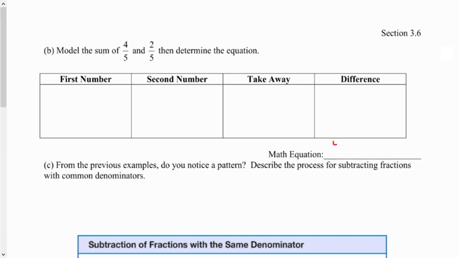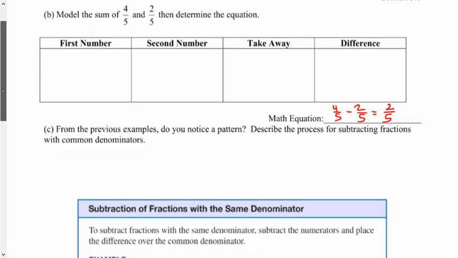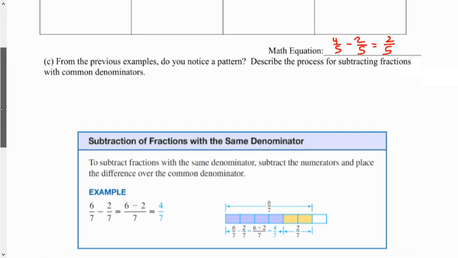But if we have 4/5 and we're going to take away 2/5, then notice that our denominator is going to stay the same because our whole amount is broken up into fifths. And so we have 4 of them, take away 2 of them, represents 2/5. Okay, so just like we did when we were adding fractions, if you have a common denominator, then that's all there is to it. Super simple.